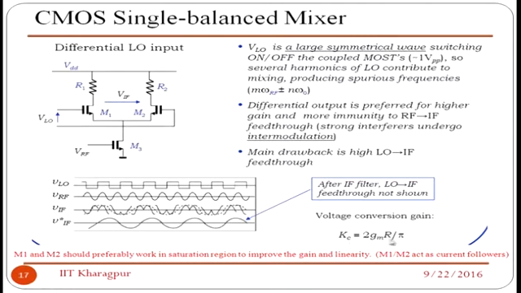Then 2/pi. You remember the 2/pi I mentioned from the cos omega0 term. So 2/pi gm R is the conversion gain of a CMOS single balanced mixer. Clear? So that is the conversion gain.